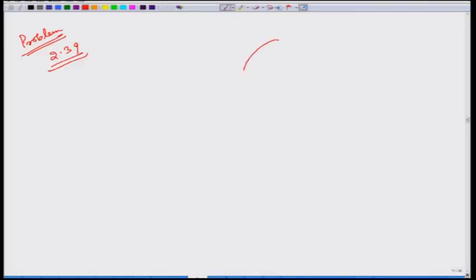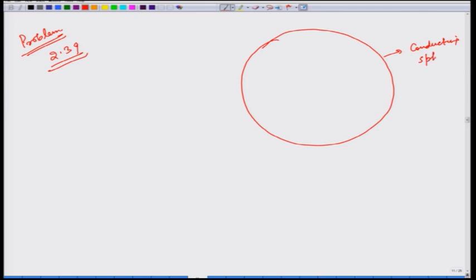So what it says is something like this. This is my conducting sphere of radius R. We are hollowing out two cavities.